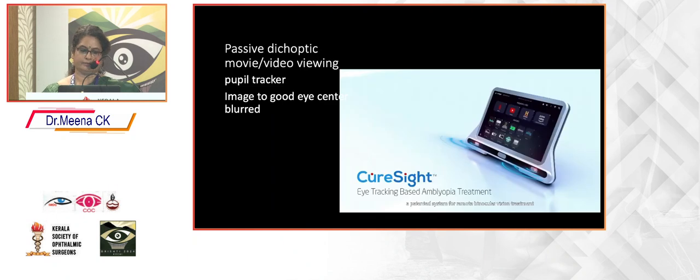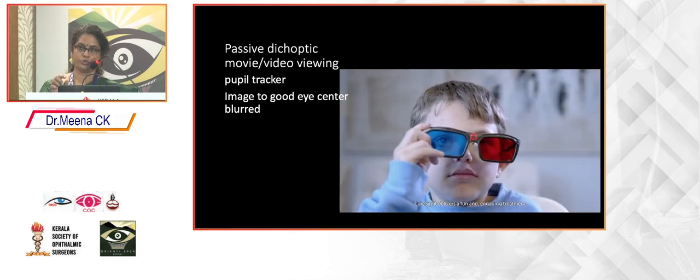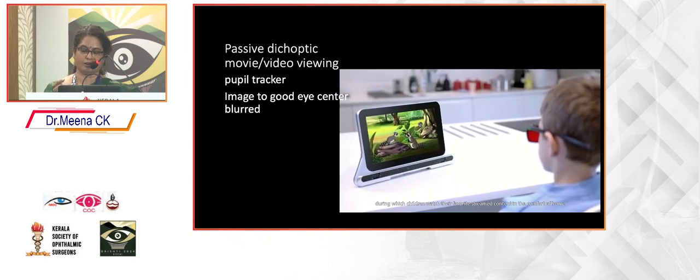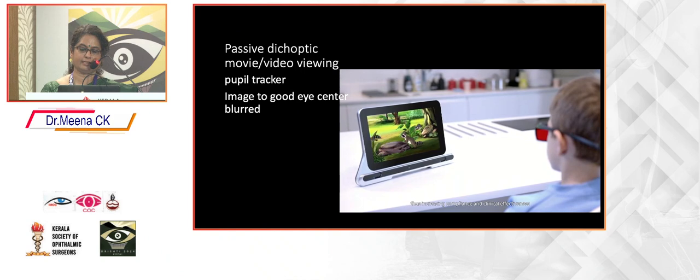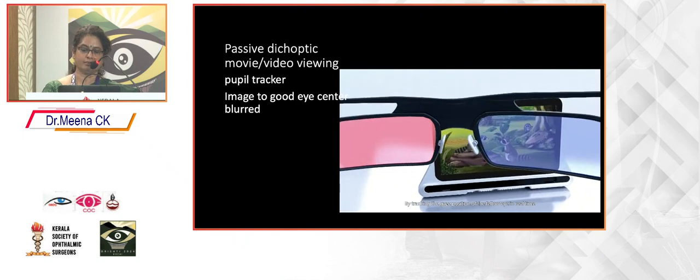And this is something like passive, as I mentioned earlier, you have passive dichoptic movie viewing. The importance of this is you have a pupil tracker. So in most of these cases you have to use red blue or red green goggles, and here you can see that because of the pupil tracker, the center of the good eye is blocked.